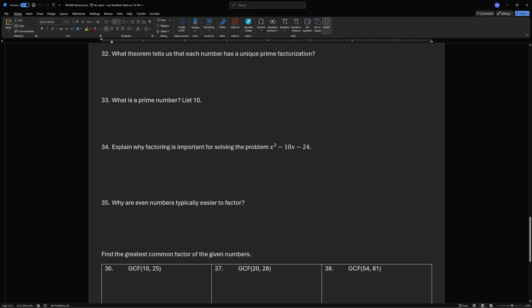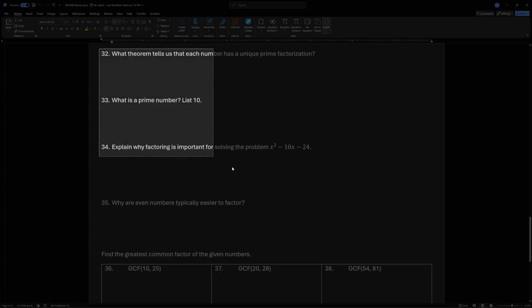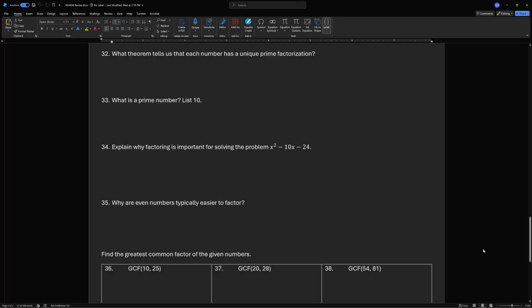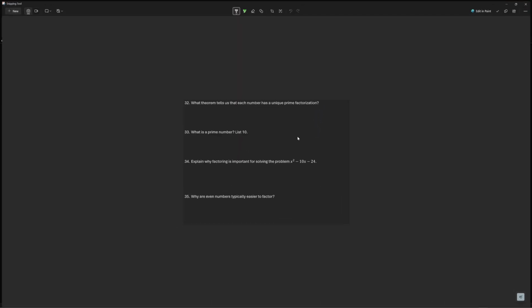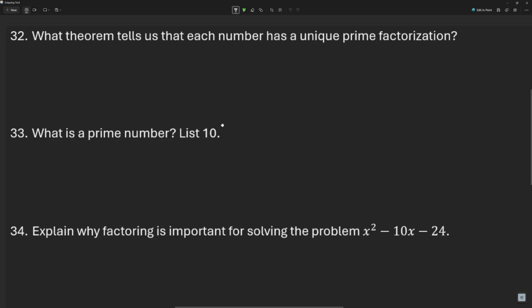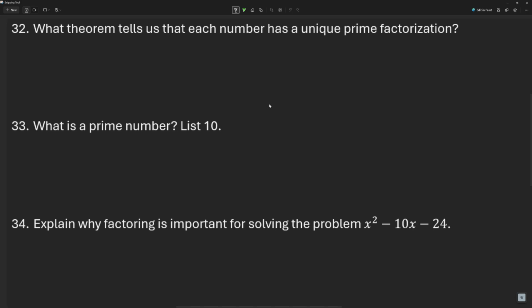So what theorem? Some of these were straight off the notes. Just in case you were absent, or maybe you were new, the first couple weeks are always a little bit hectic, with people coming and going. What theorem tells us each number has a unique prime factorization? That's what we call the fundamental theorem, so super important.